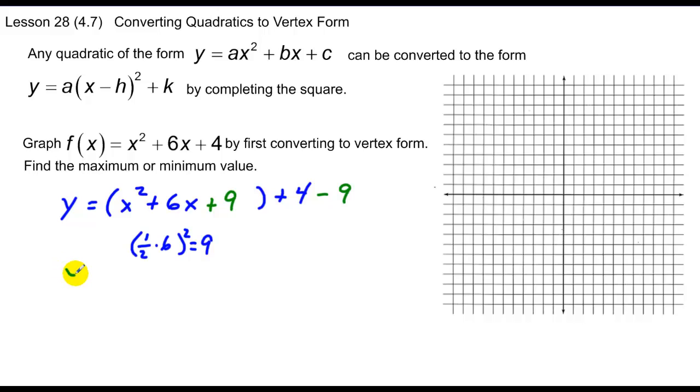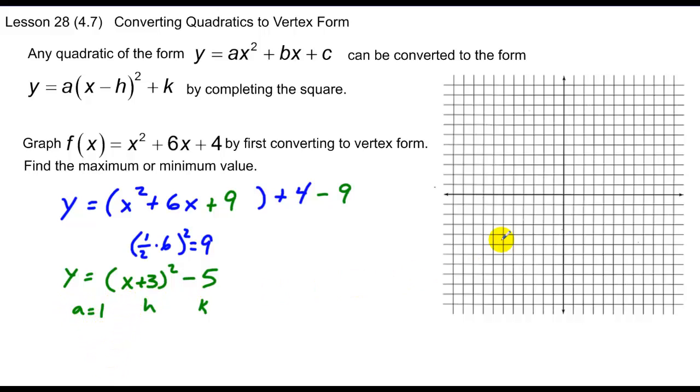Thus, I have y equals, this is now my perfect square, so that's (x plus 3) squared, minus 5, and now I'm in my perfect vertex form where I know this is h, k, and a is equal to 1.